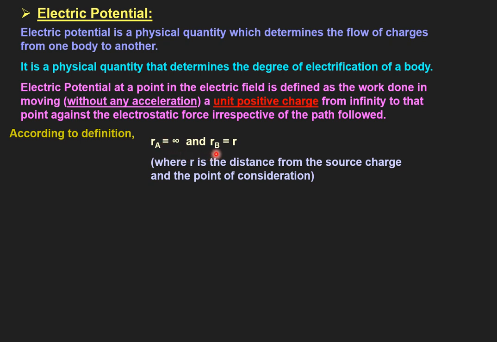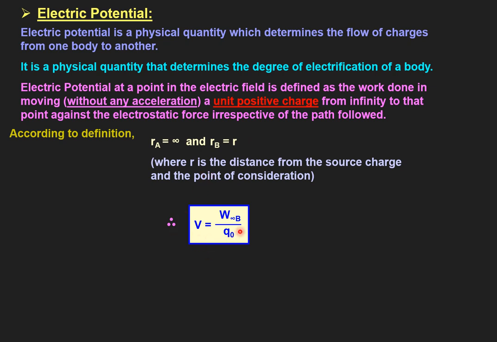This is the initial point, and this is the final point. The B point we have taken at any distance r from the source charge, our observation point, at a separation of r from the source.